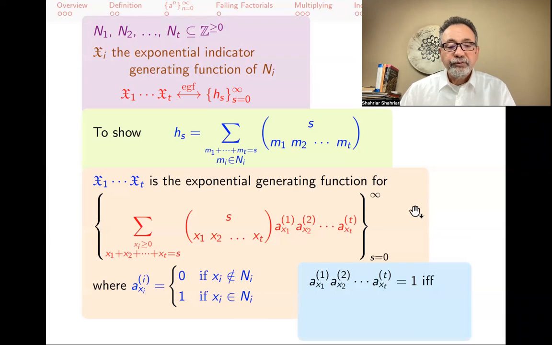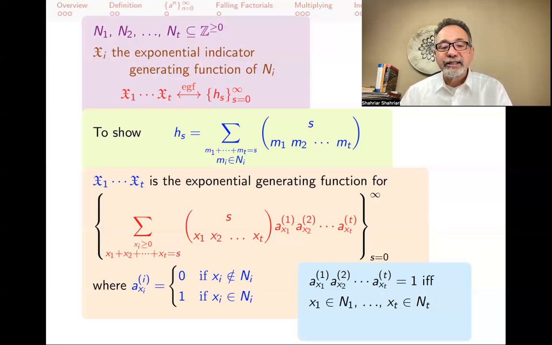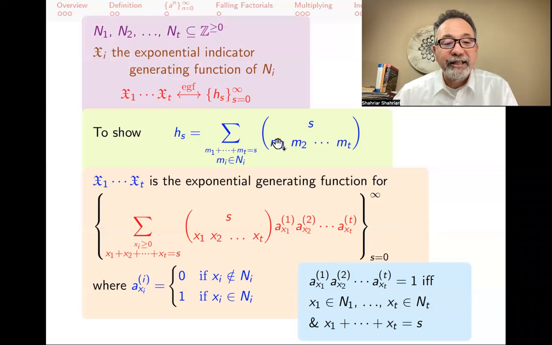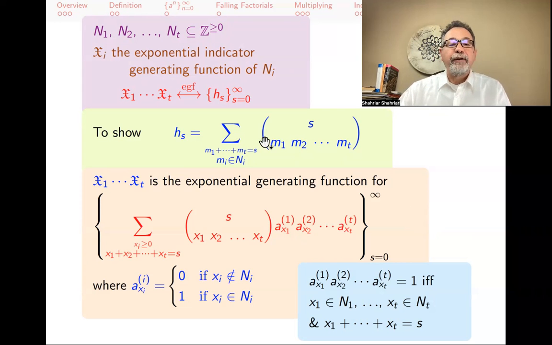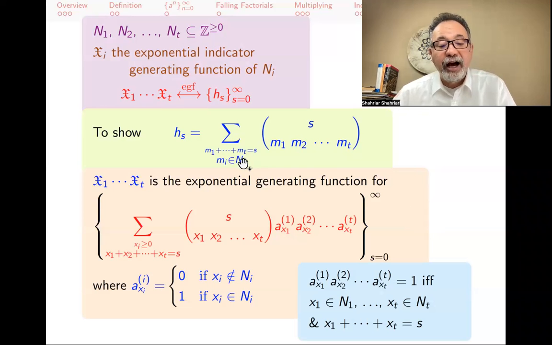So the only way we're going to get 1 is if x1 is in N1, xt is in Nt, and all of those add up to s, and that's exactly what this is. In that case, these a's become just 1, and we are left exactly with that condition: m1 plus m2 and so on equals s, and each one of them is an element of Ni. That's the condition we need to make these 1.